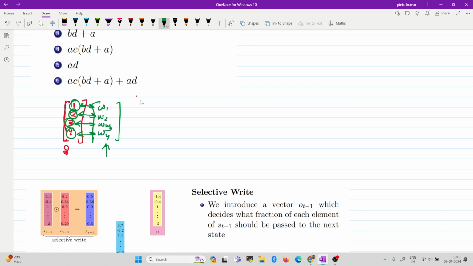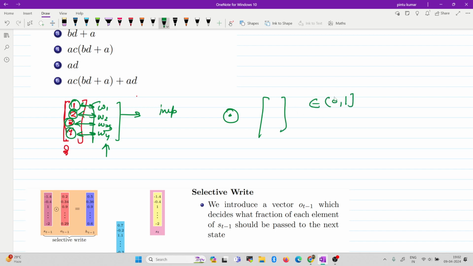This is how they extract the important information that you want to read, write or remove. They do a point-wise multiplication with a vector whose values are between 0 and 1.